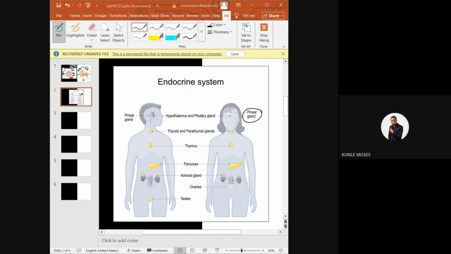Pancreas. You should know what the pancreas is. The pancreas is located at the stomach level, and it can produce different hormones. The main hormones that the pancreas produces are insulin and glucagon. Insulin is what lowers the blood sugar. There's something we call diabetes medicine.